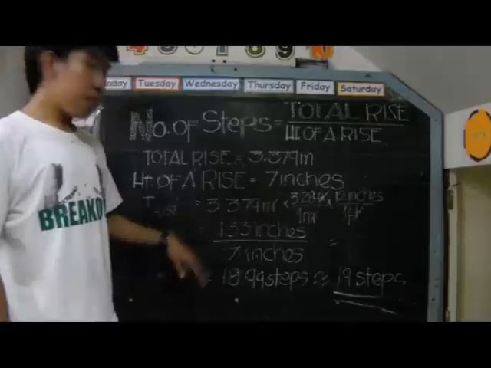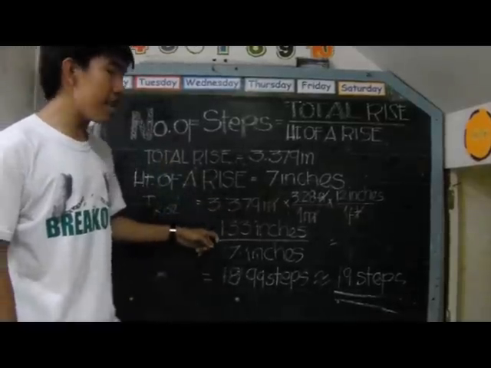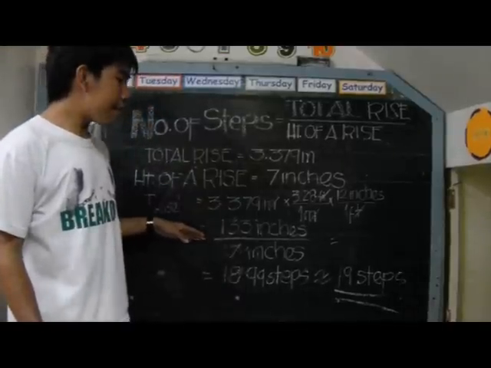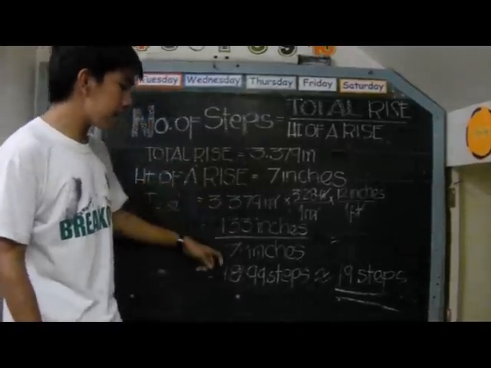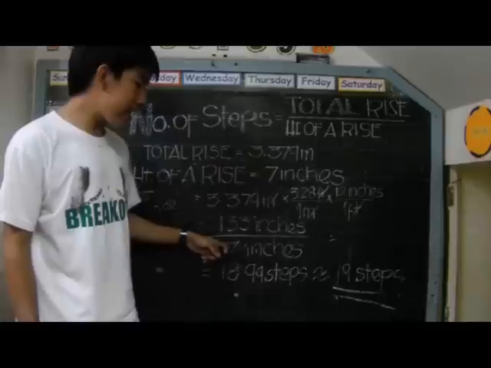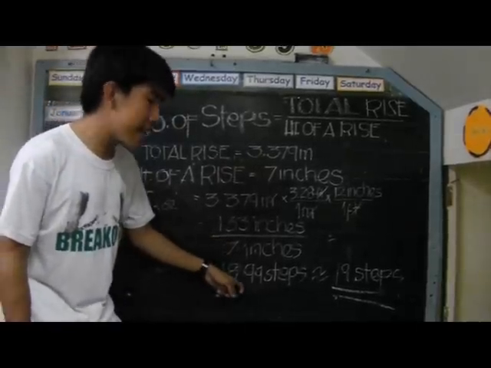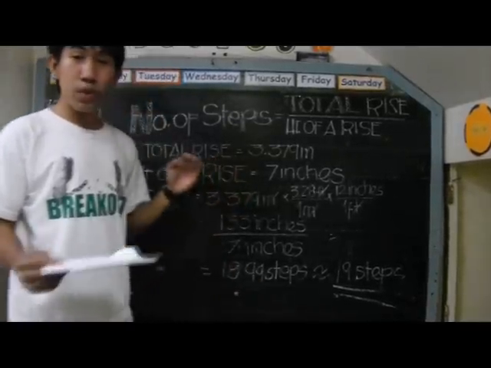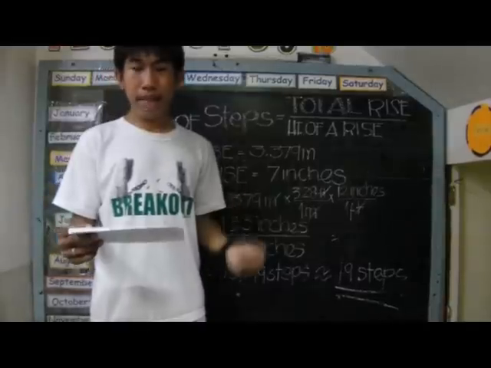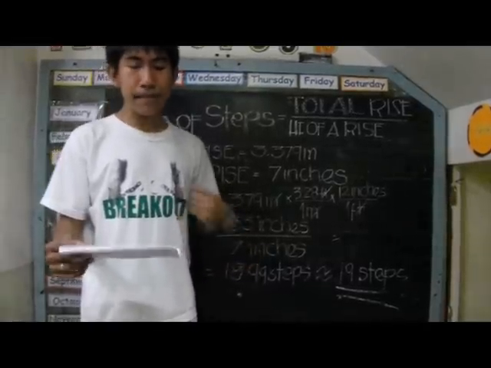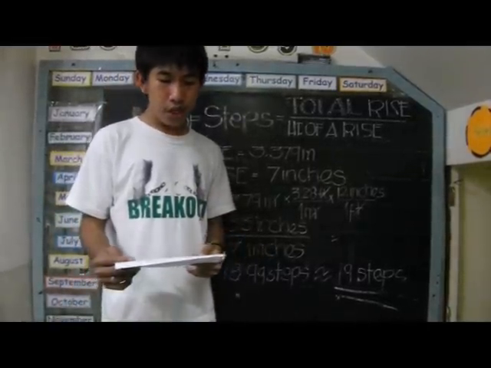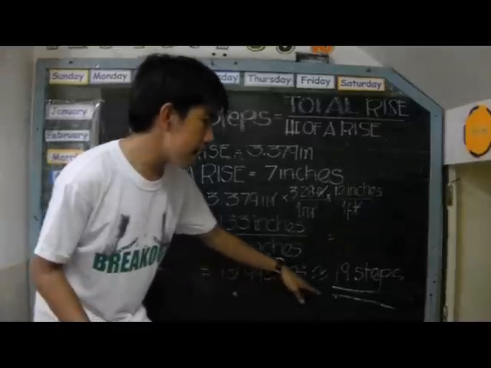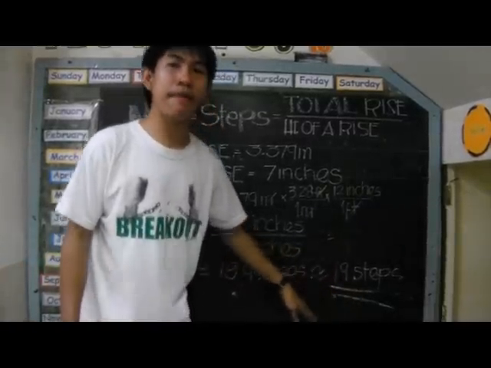Then we get 133 inches approximately, and the product is divided by the height of a rise, that is 7 inches, and we will get 18.99 steps. Take note, there is no decimal in getting the steps. It must always be expressed as a whole number, so the steps of the stairs must be 19 steps approximately.